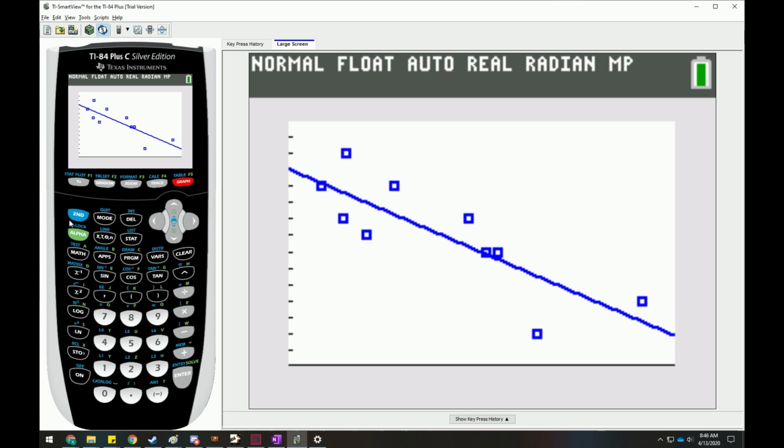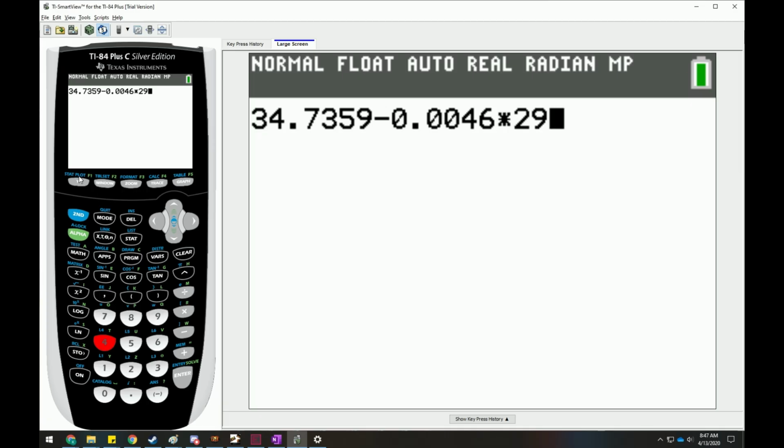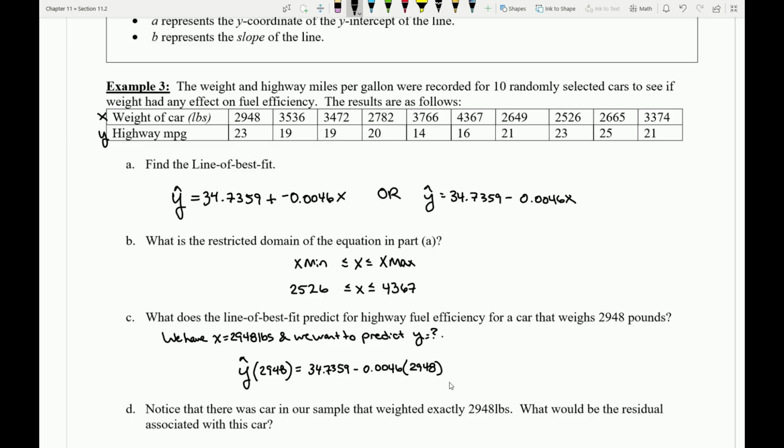So let's see, 34.7359 minus 0.0046 times 2,948. And I'll get a prediction for the highway miles per gallon, 21.1751. So here I can state that this comes out to be 21.1751.